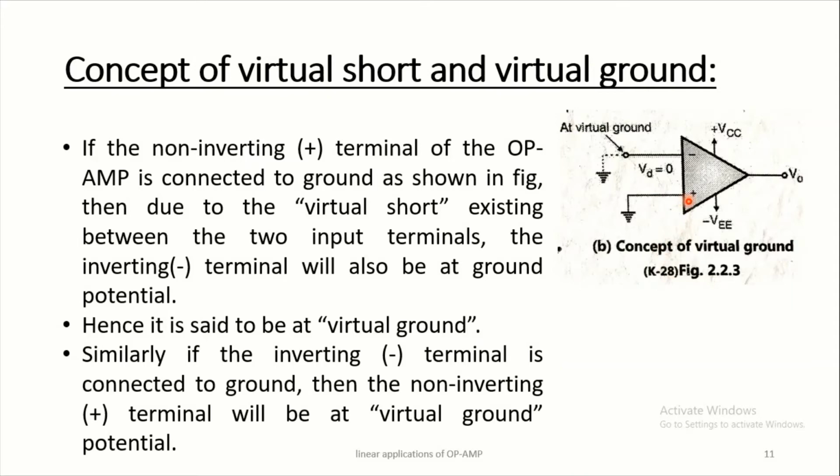We only connected the plus terminal to the ground, but there is a virtual short between these two input terminals. The inverting terminal will be at the ground potential. It is called a virtual ground. Similarly, if the inverting terminal, the minus terminal, is connected to the ground, then the non-inverting plus terminal will be at the virtual ground potential. The concept of the virtual ground has been used extensively in analyzing various closed loop configurations.